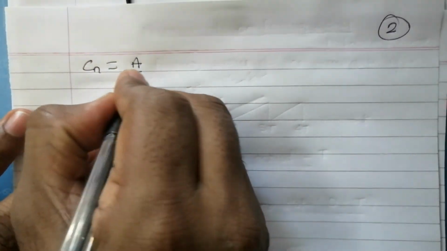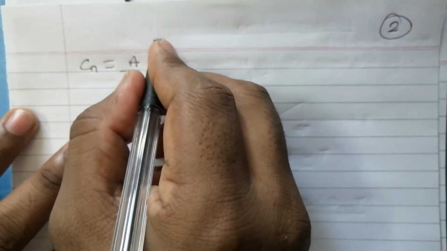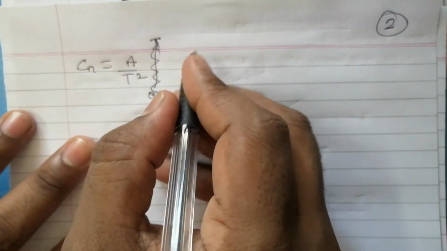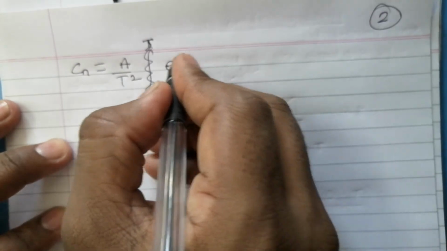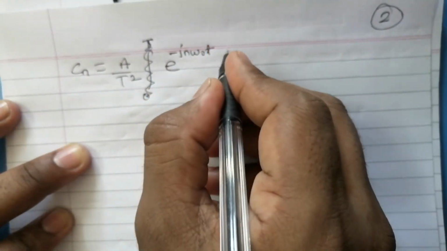So Cn equals A upon T square, integration 0 to T, no need to write this integration because we are using that result directly. So we will write that result here. So that is e raised to power a. At the place of a we have to write minus jn omega naught, and at the place of x we have to write t here.